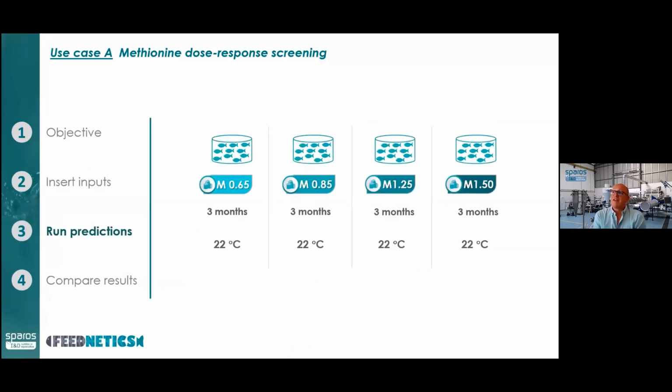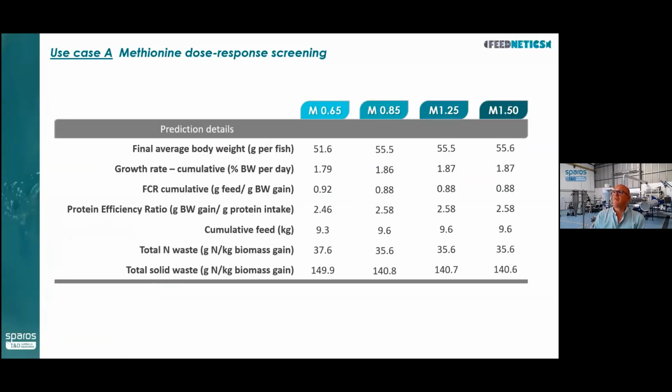Once we had done that, we could run the predictions, and we predicted for a period of 3 months the use of these 4 diets at the constant temperature of 22 degrees. From there we could see what the results would be.